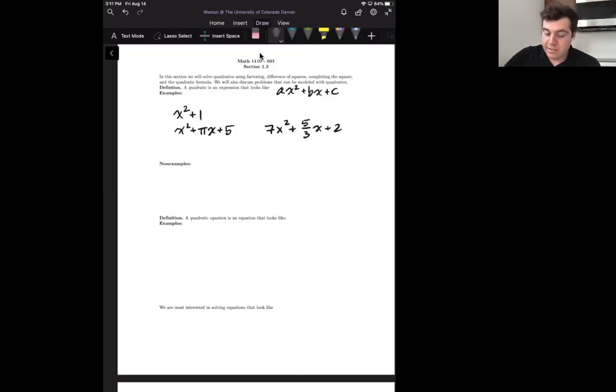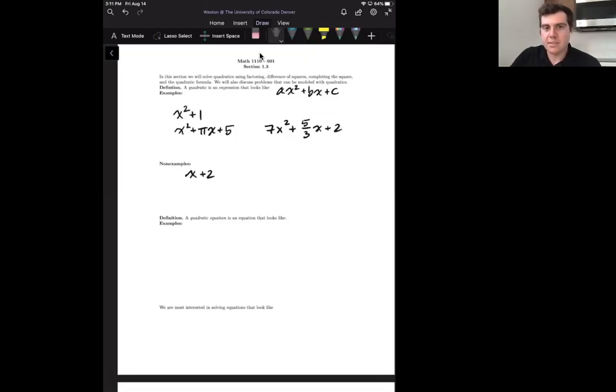And then whenever we do examples, it's also important to do non-examples to see what isn't included in the definition. So some non-examples of quadratics are expressions such as x plus 2. To be a quadratic, you must have that x squared term.